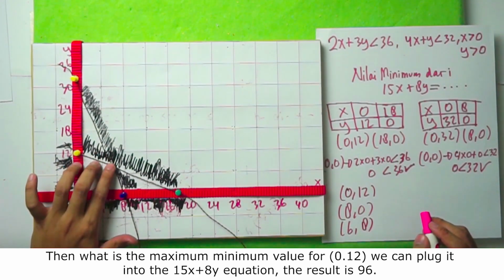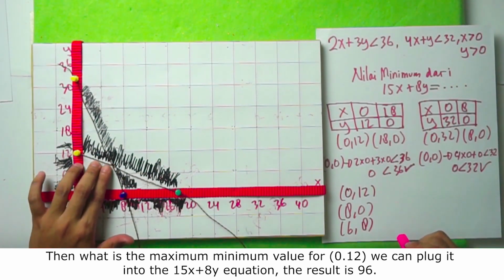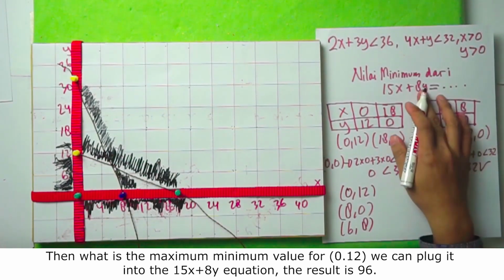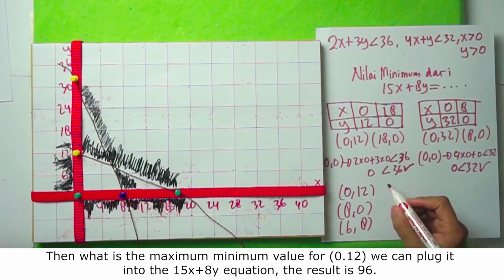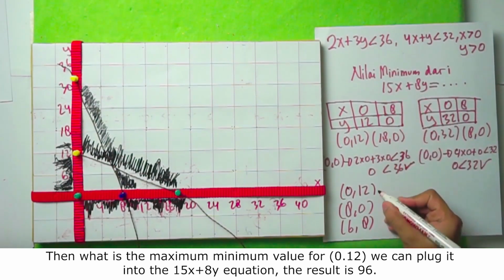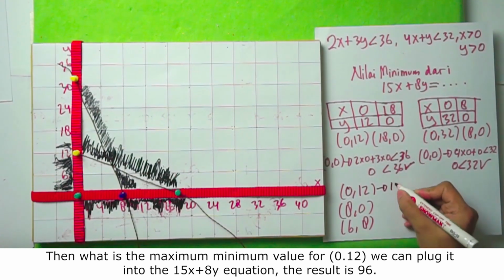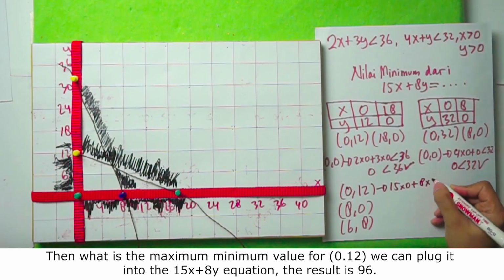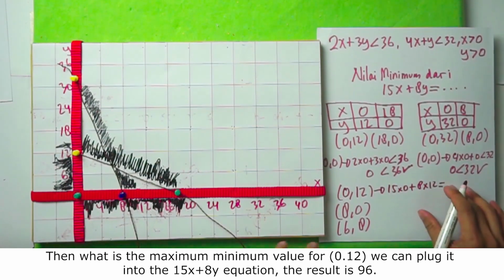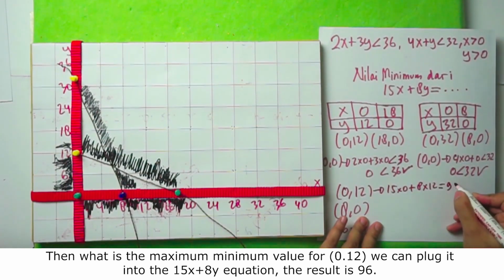Then, what is the value for 0, 12? We can plug it into the 15x plus 8y equation. Kalau 0,12 kita masukkan ke sini: 15 kita kali 0 ditambah 8 kita kali 12. Hasilnya adalah 96.